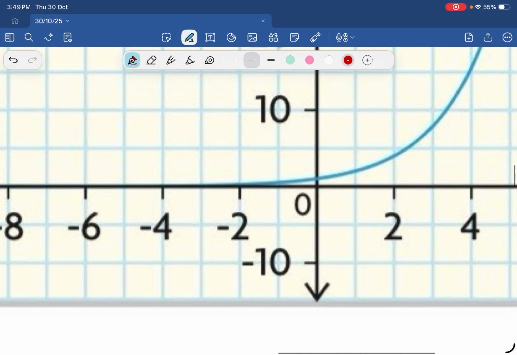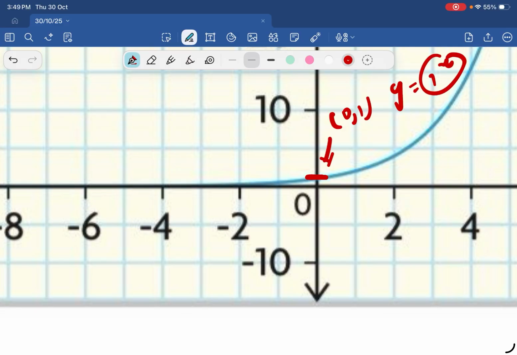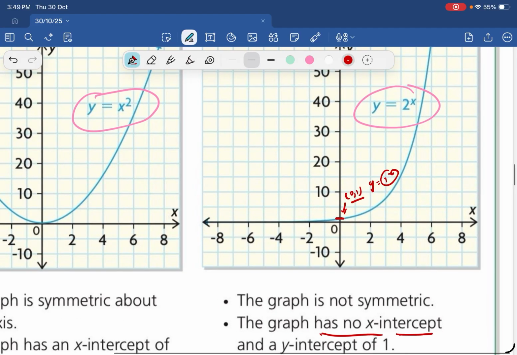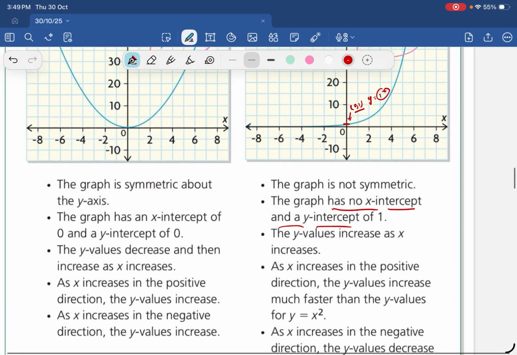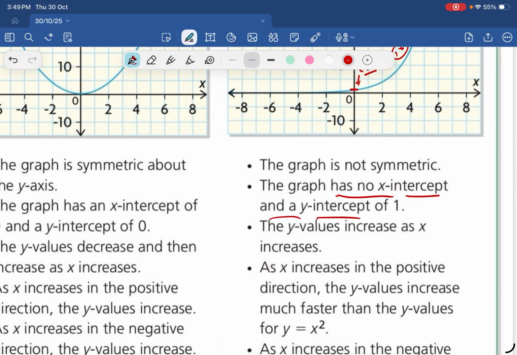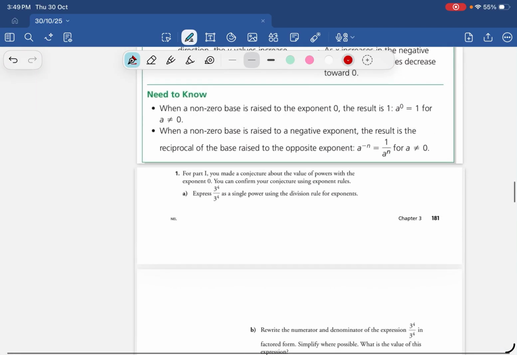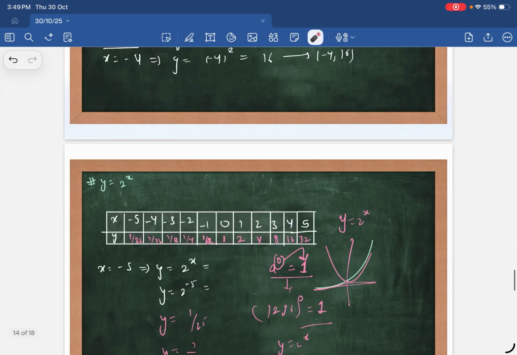So this graph goes through the y-axis at 0 comma 1, the coordinate of the y intercept. And the y value increases as x increases, as we did in the F part.